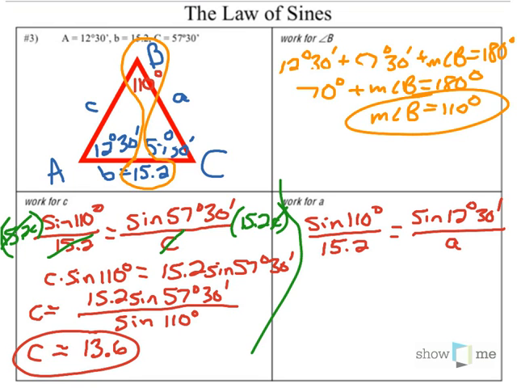If I solve this other equation, if I multiply both sides by 15.2, I'm going to get A times sine of 110 degrees equals 15.2 times sine of 12 degrees 30 minutes. If I divide both sides by sine of 110 degrees, A is by itself.